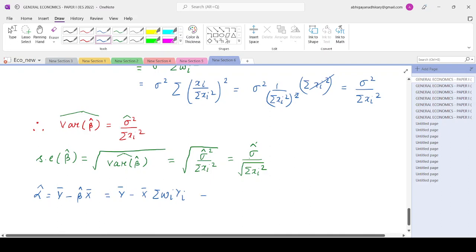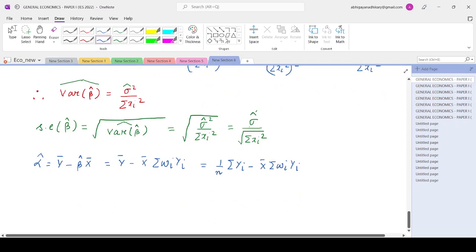And y bar, you can easily write as 1 by n summation yi, minus x bar summation wi yi. Correct? So now understand this step a little carefully. Keeping the summation, if you take the 1 by n inside, that's also possible: summation of 1 by n minus x bar wi, this whole thing times yi.